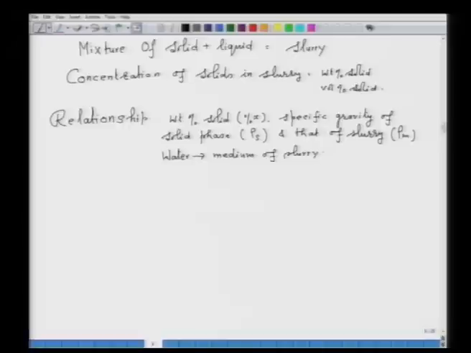So, we can derive the relationship very simple, say for example, volume of slurry that is equal to volume of solid plus volume of water.